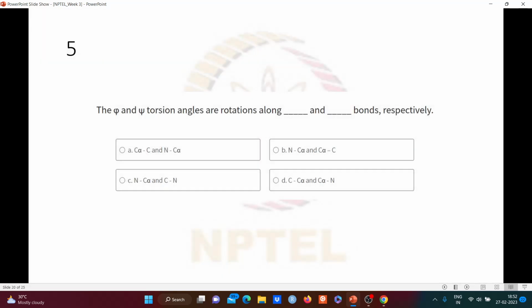Okay, next, the question is based on the dihedral angles that we discussed. The psi and phi torsional angles are rotations along what type of bonds, respectively?